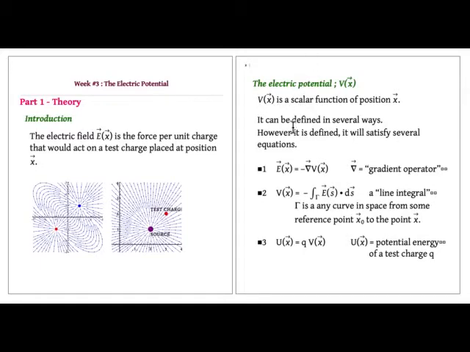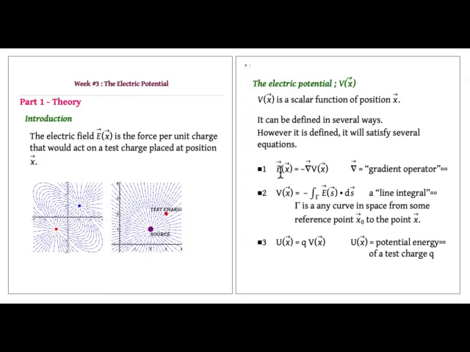Now, there are several ways to define the electric potential. They're all equivalent. However it's defined, we'll come back to that in a minute, it'll satisfy certain equations, which you should write down in your notebook because you'll need them for the problems.